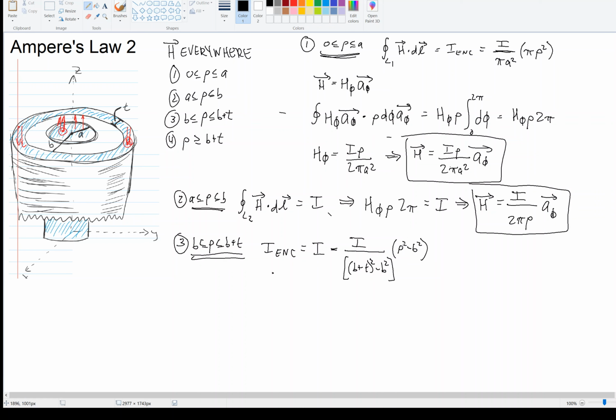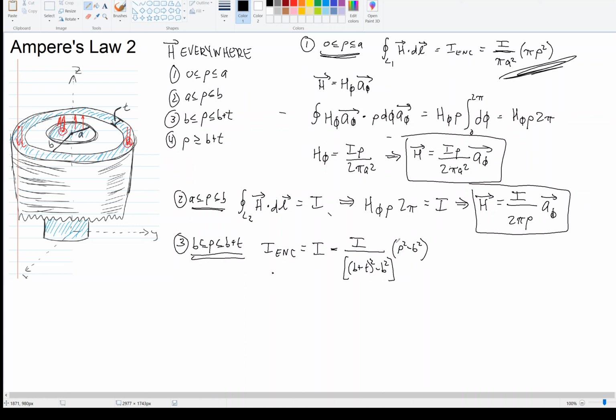So this is rho, the radius of our Amperian path, but then we subtract out b squared because b is where the cylinder begins, right? Just in the same way we subtracted it out here. So you have a pi here and you have a pi here, and they cancel, just like they canceled over here. And so this is the fraction of I then that we pick up from the outermost conductor.